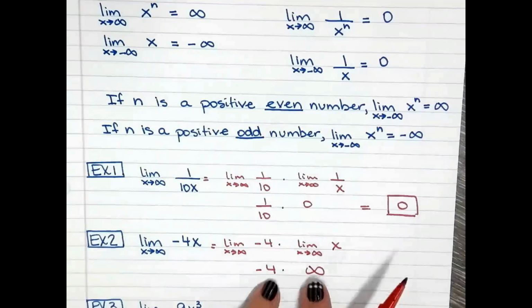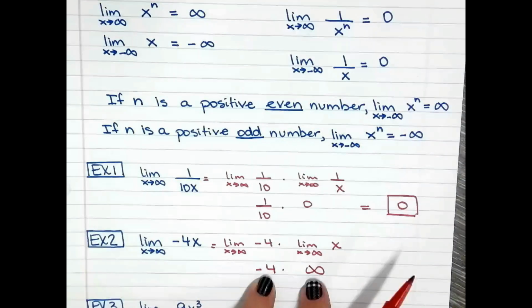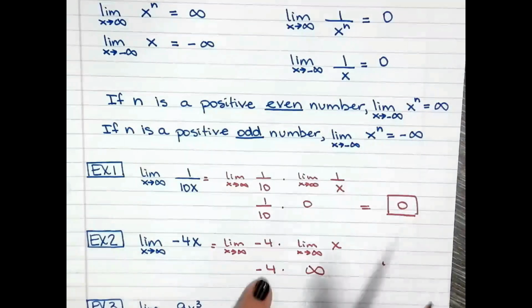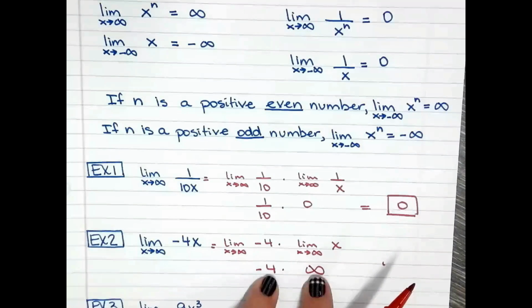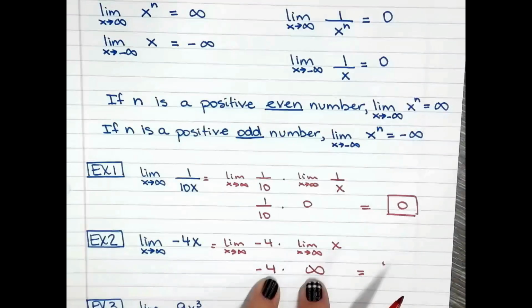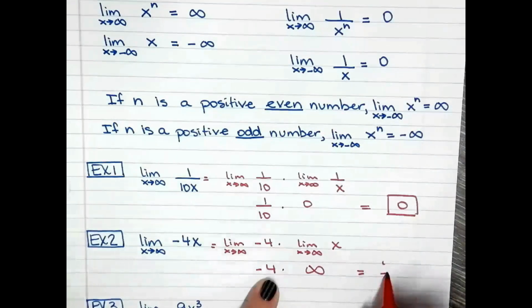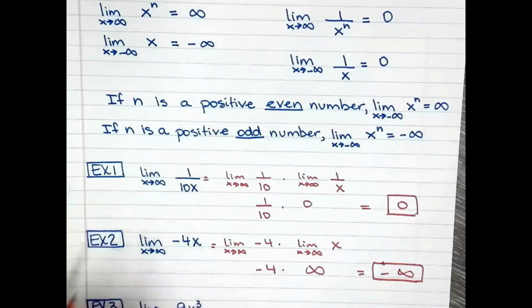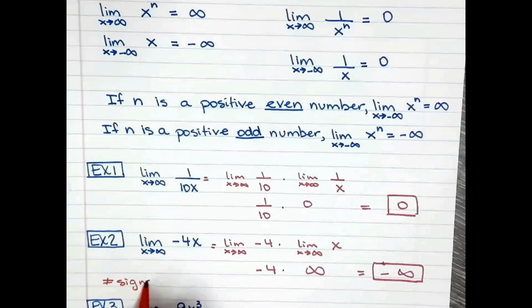Now, here's the trick to this one. -4 times infinity, what does that mean? The trick here is you're going to check out the signs. If the signs are the same, then you're going to end up with positive infinity. If the signs are different, you're going to end up with negative infinity. So if you want to write yourself a little note right there, different signs, then negative infinity. If this doesn't mean anything to you, go ahead and write it out.